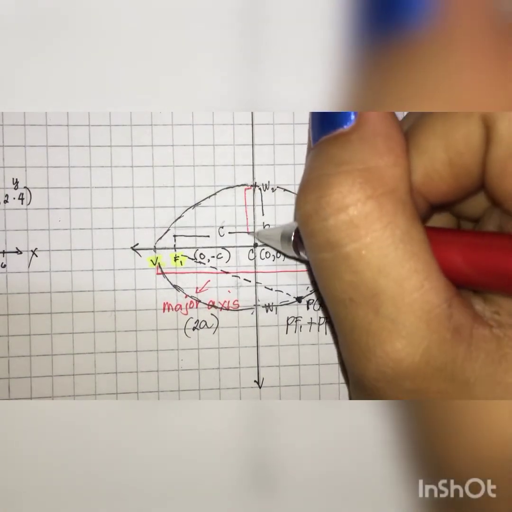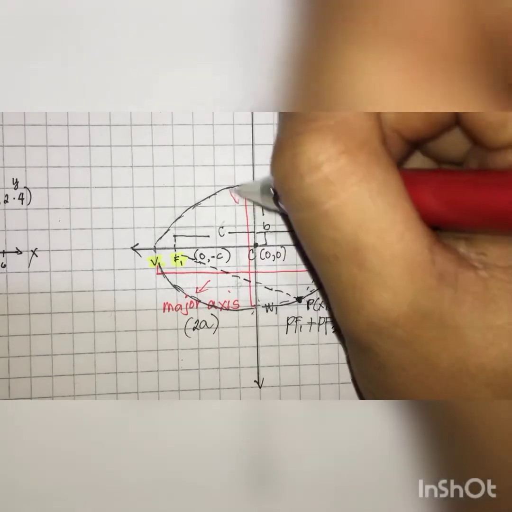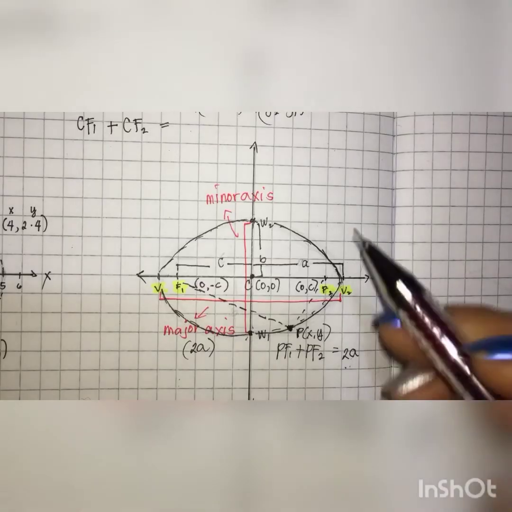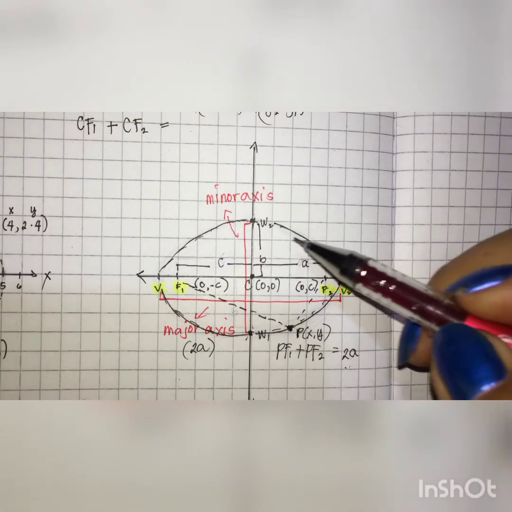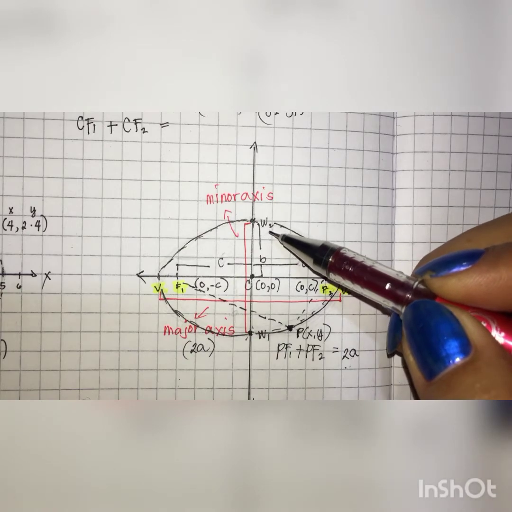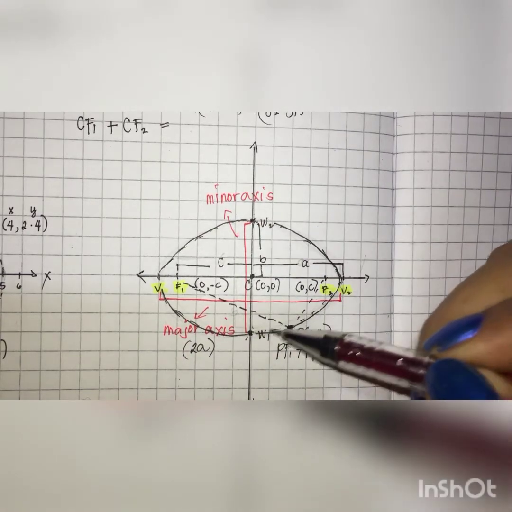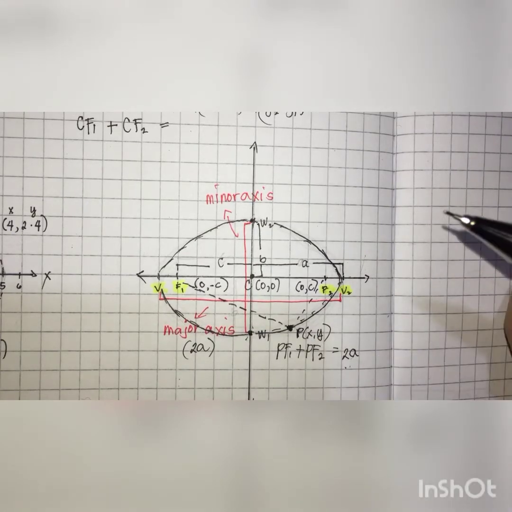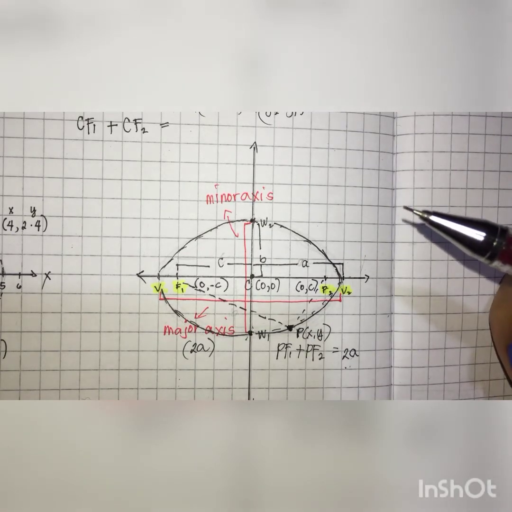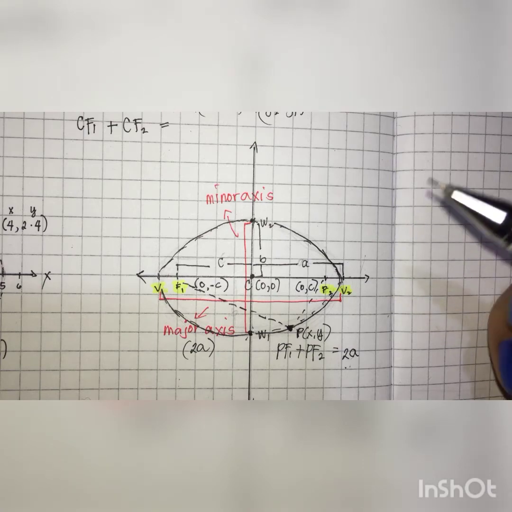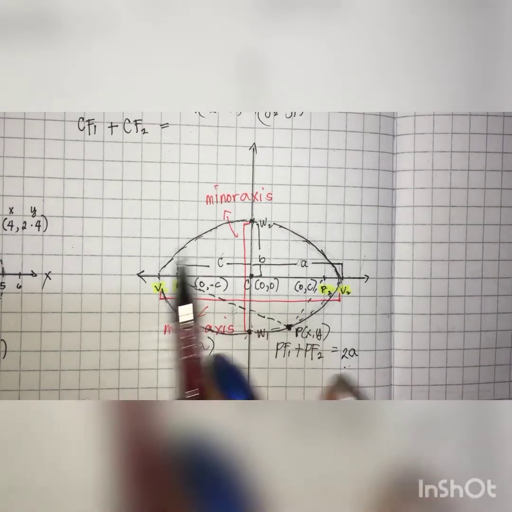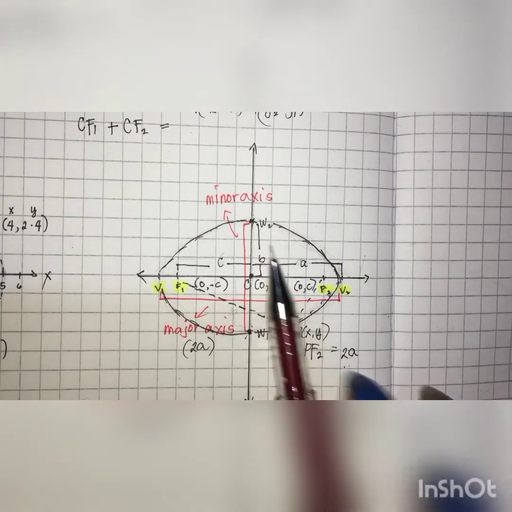This is what we call the minor axis, and it meets the ellipse at the co-vertices, here and here. It also divides the ellipse into two congruent parts, part 1 and part 2.